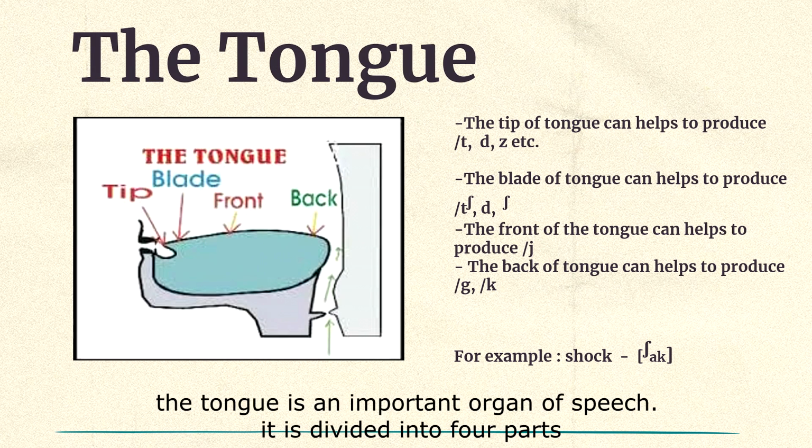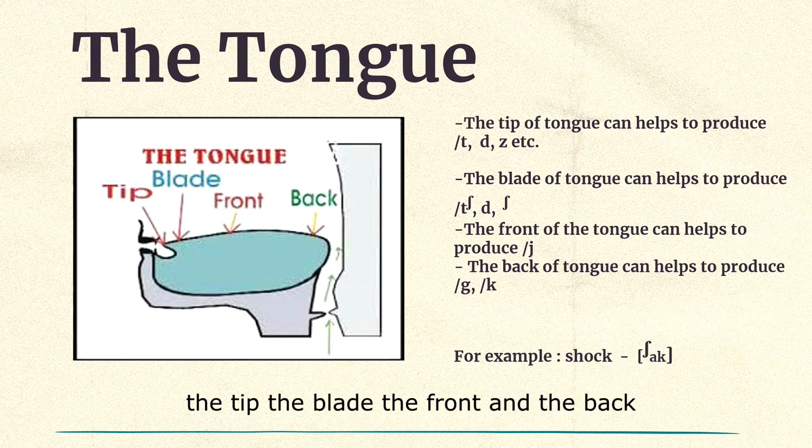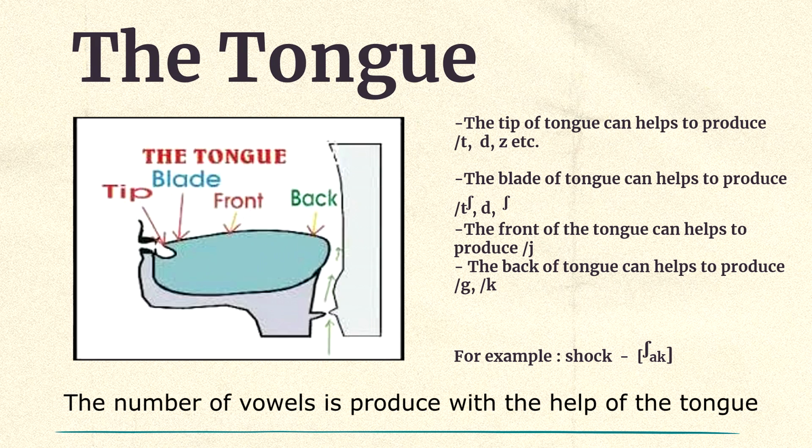The tongue. The tongue is an important organ of speech. It is divided into four parts: the tip, the blade, the front, and the back. A number of vowels are produced with the help of the tongue.